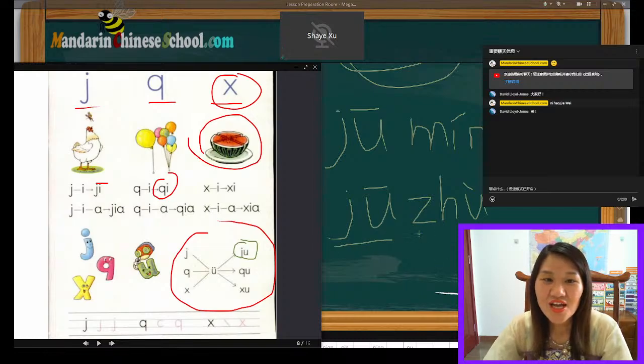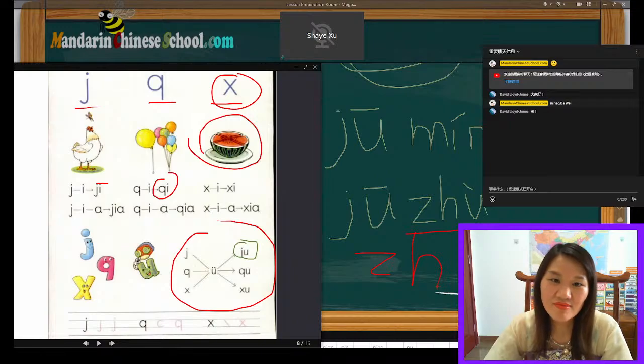居住，ZH is a hard one. This initial is a little bit hard. You need to curl up your tongue. 知. And u. This is not ü. This is a u. It's 知 物 住.